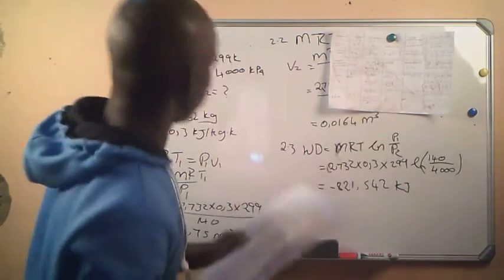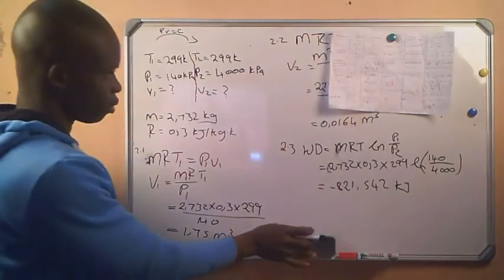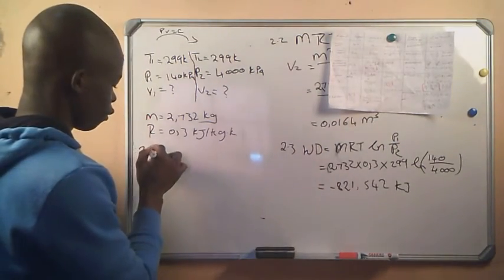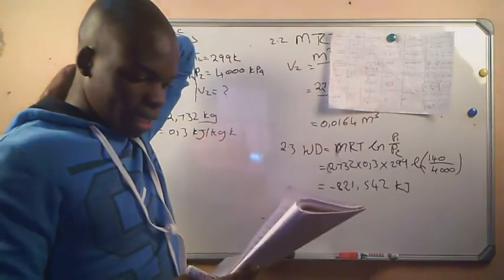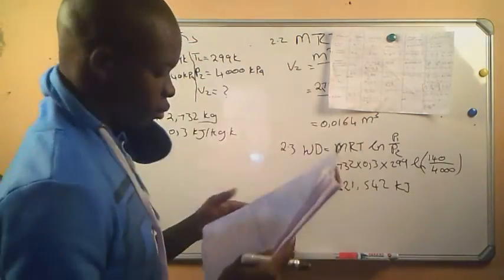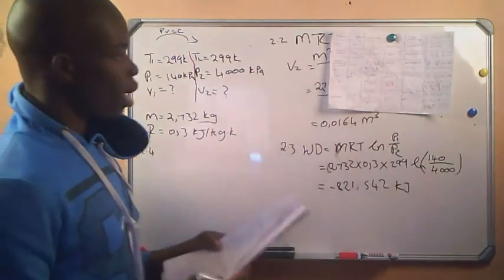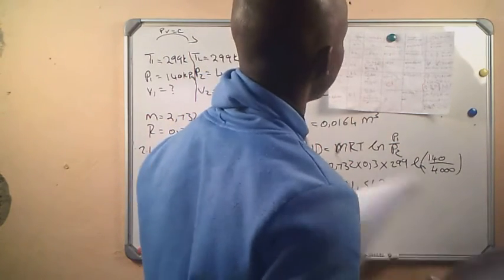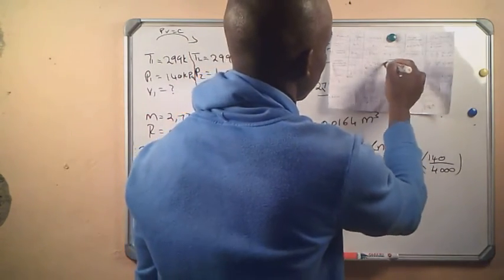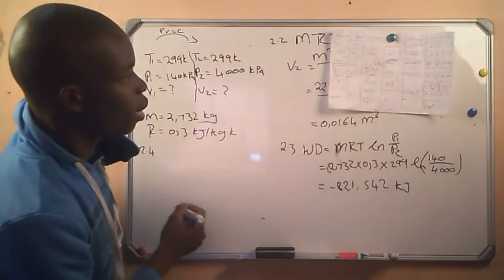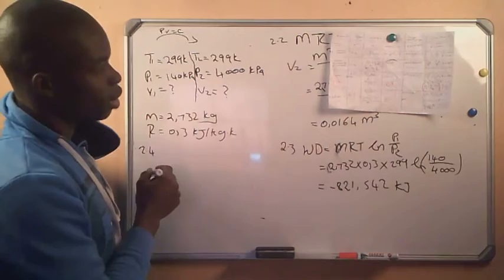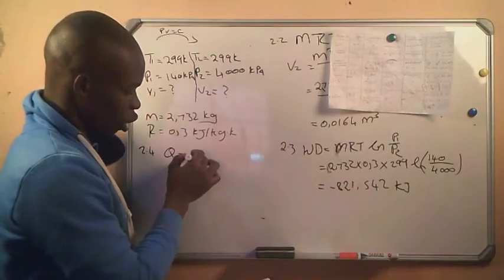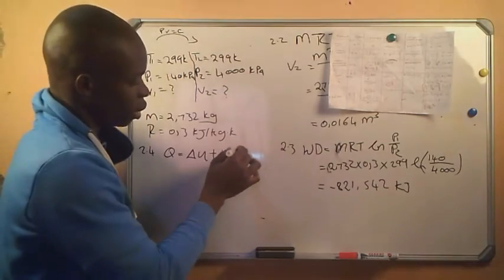And then we look at our question number 4. Let's erase this one. It says calculate the heat gained or lost in kilojoules. And then we go to our table under heat gain or heat lost. We know now that at constant temperature, we get heat by this formula: change in internal energy plus work done.